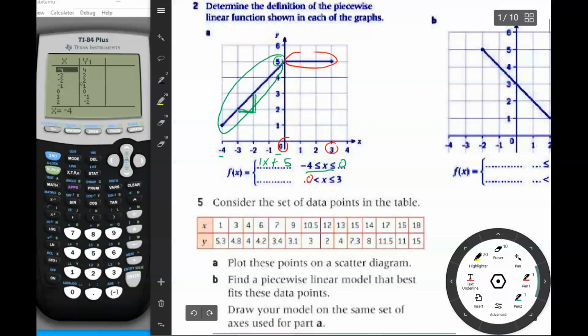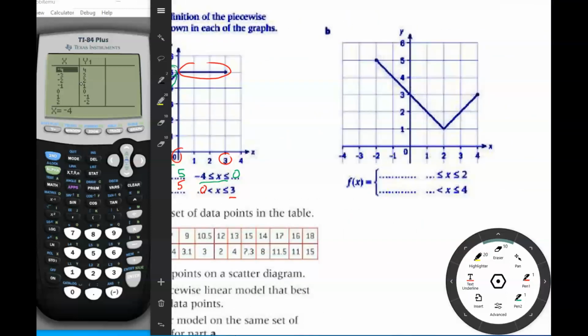The slope is obviously horizontal, so that would be a slope of 0. So it would be 0x plus 5. Basically 0x is 0, so the function to the right of the origin is going to be y equals 5, which is a horizontal line at height 5. So we did that one.